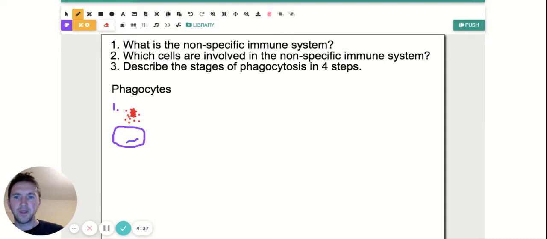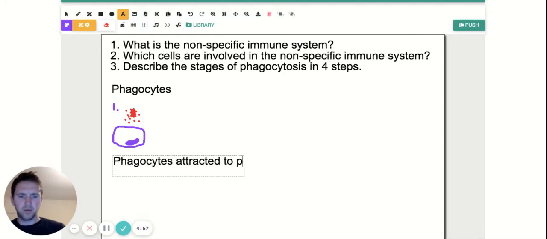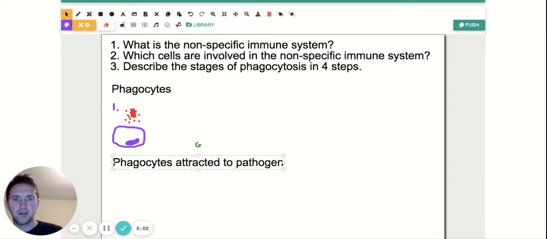But if there's an inflammatory signal, or if there's a pathogen in that area, any sort of pathogen, the phagocyte will be attracted. So the first step is phagocytes attracted to the pathogen. The first thing you should be writing is that they are attracted to the pathogen.